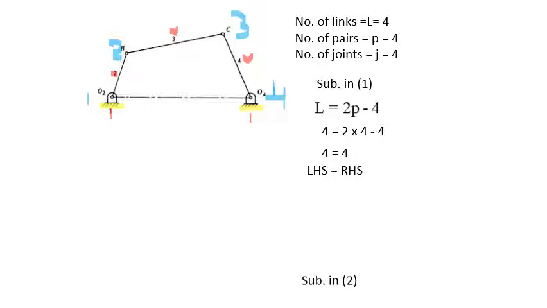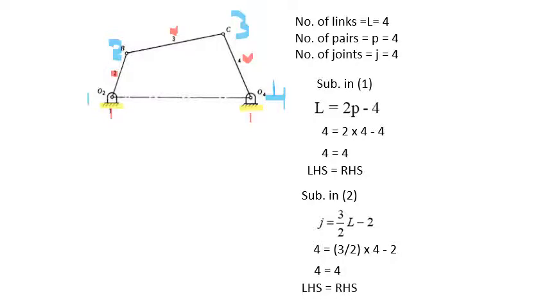So now let us confirm by using the second equation. I will substitute J and L values in equation number 2. J is equal to 4 and L is equal to 4. After simplifying, we got 4 equals 4. So from equation 2 also it is confirmed that the left hand side is equal to the right hand side.